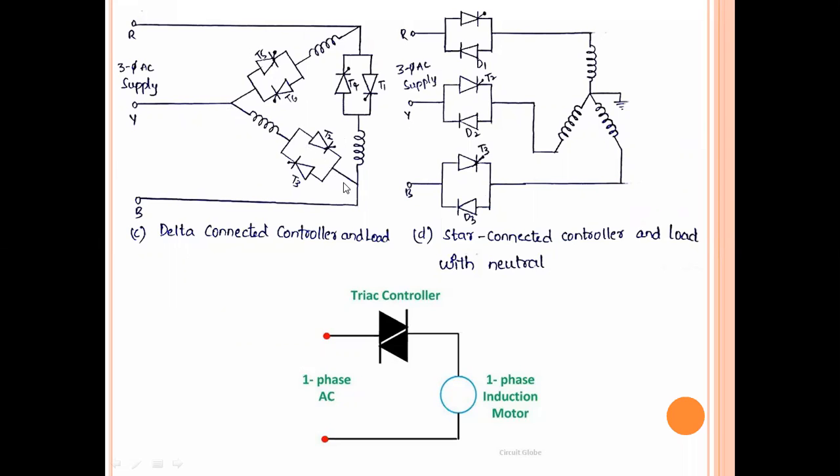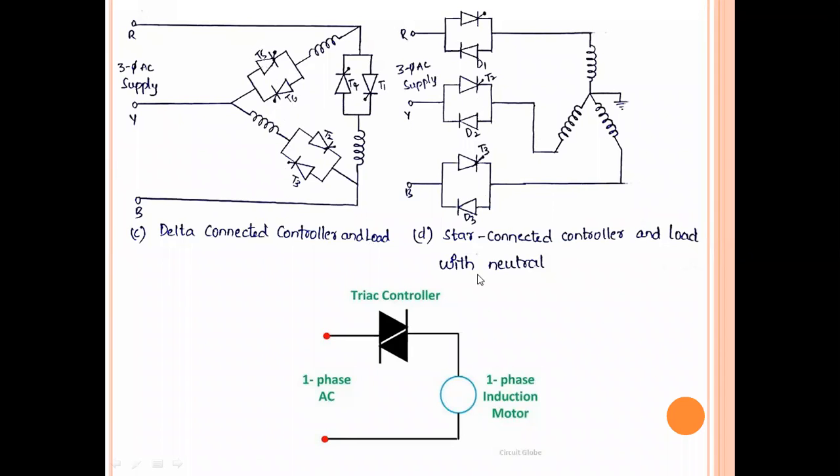So the stator windings are connected in delta connection, and similarly, these are AC voltage controlling modules. So these are also connected in delta connection. So this figure indicates the delta-connected AC voltage controller with delta-connected load. This is also one of the combinations.